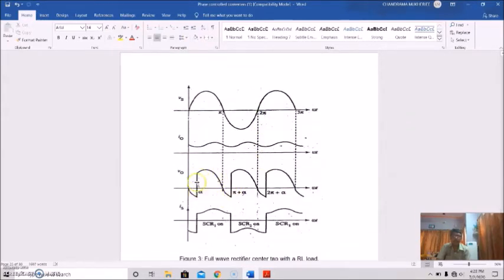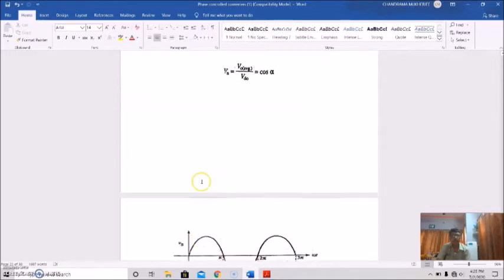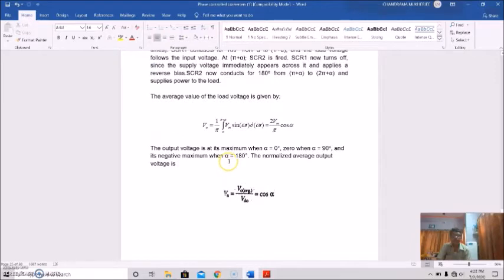This is the average, with conduction from alpha to pi plus alpha, and that comes to 2 Vm by pi cos alpha. The output voltage is maximum when alpha equals 0. If you put alpha equal to 0, cos 0 is 1, so the maximum is 2 Vm by pi.